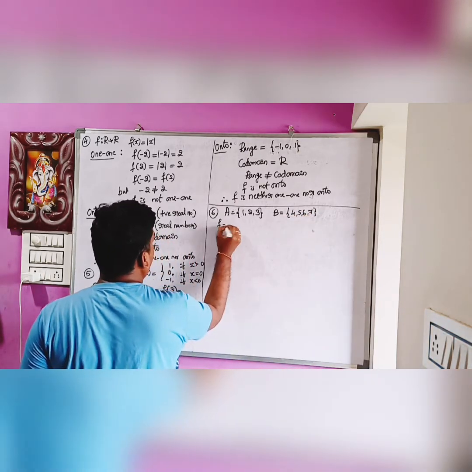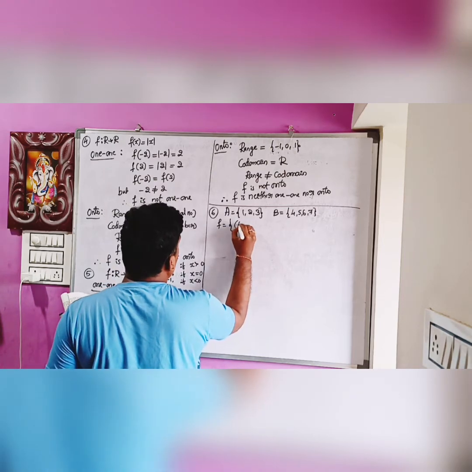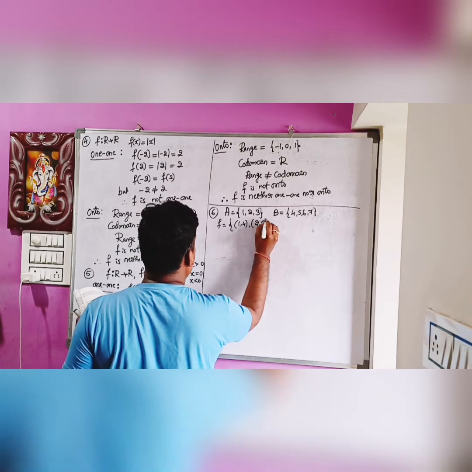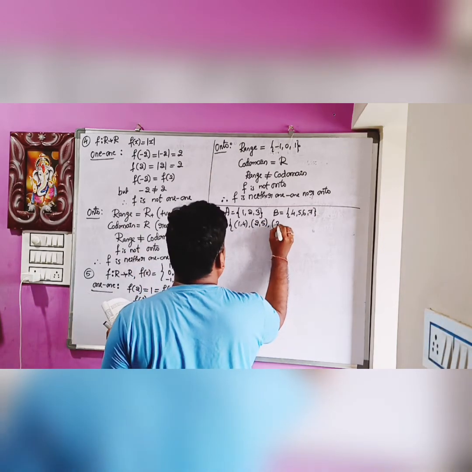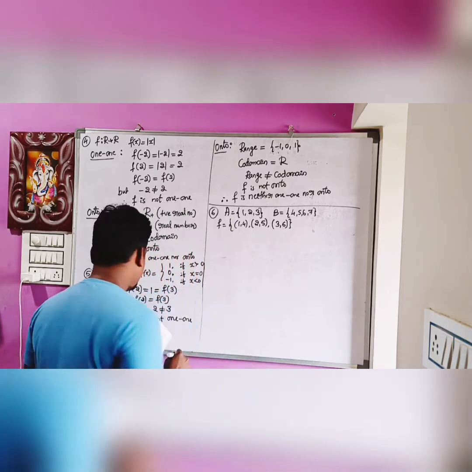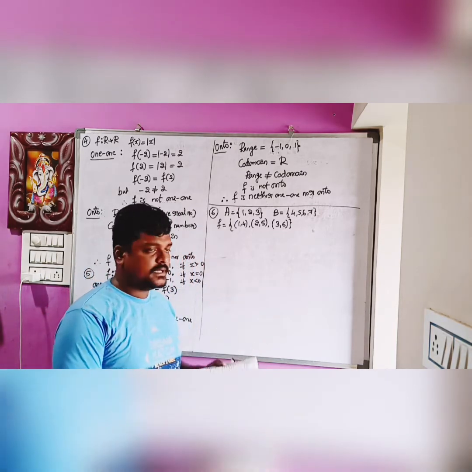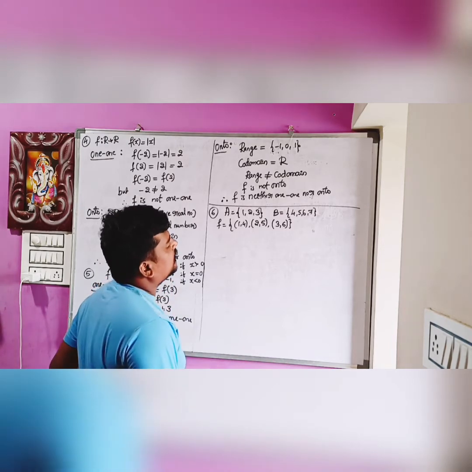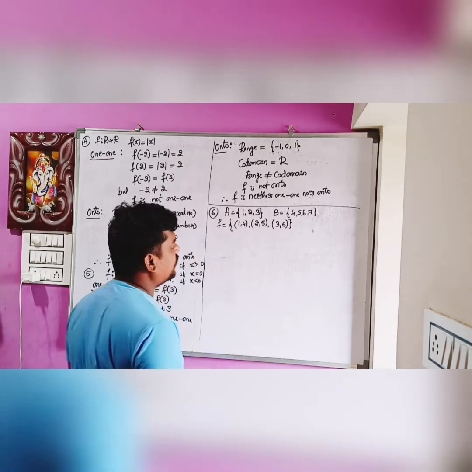F is defined as 1 to 4, 2 to 5, 3 to 6. Let F be a function from A to B. Show that F is a 1-1 function.